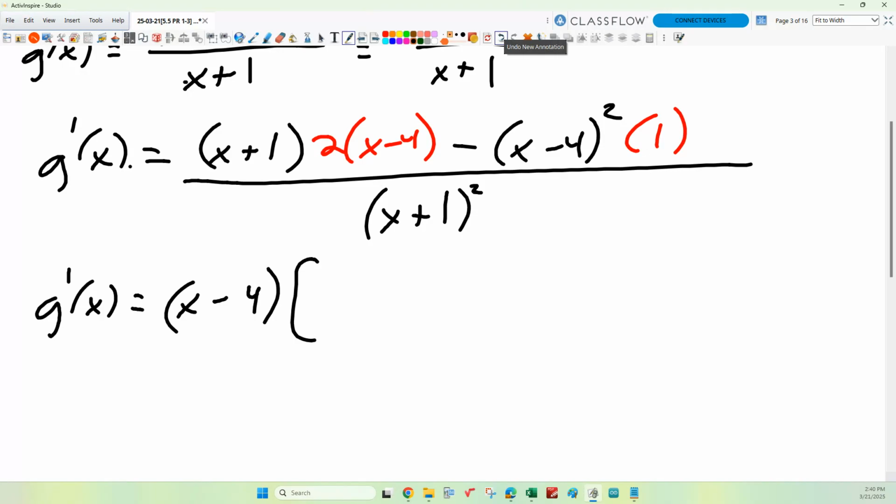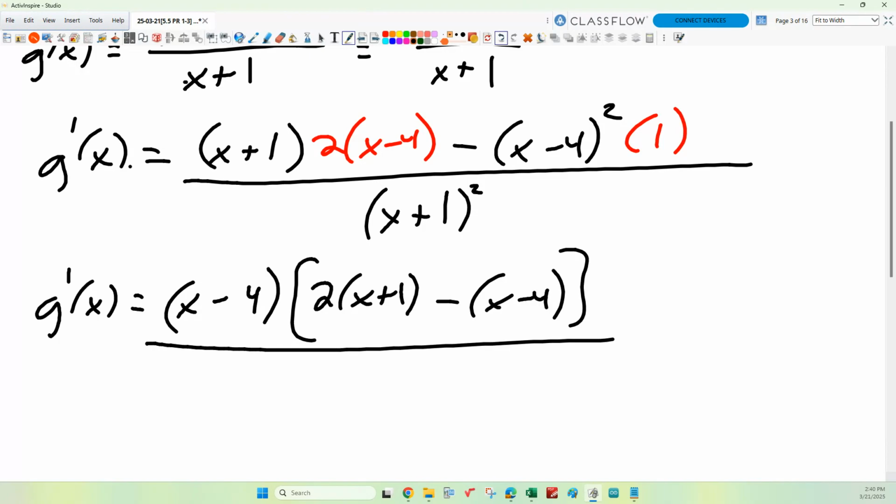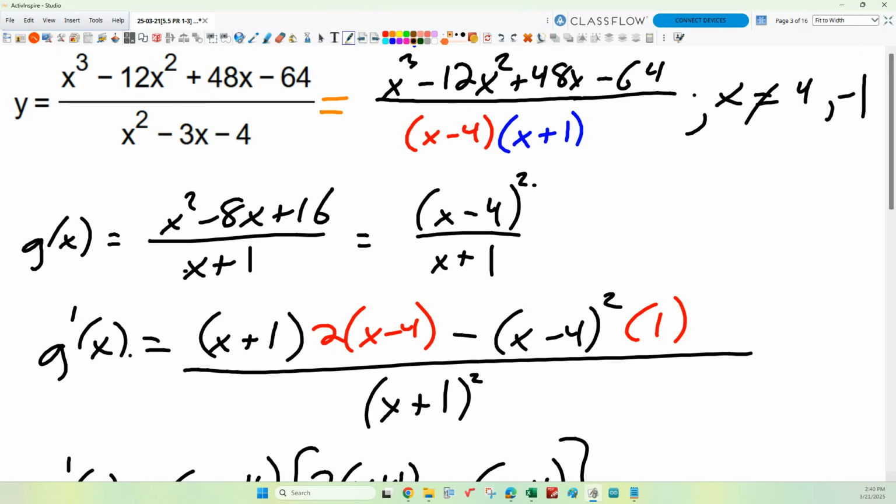I'm left with 2 times the quantity x plus 1 minus x minus 4, over x plus 1 squared. See how much easier? Like that ended up not being a terrible derivative. It would have been really ugly if we hadn't simplified those, factored and canceled out like factors.